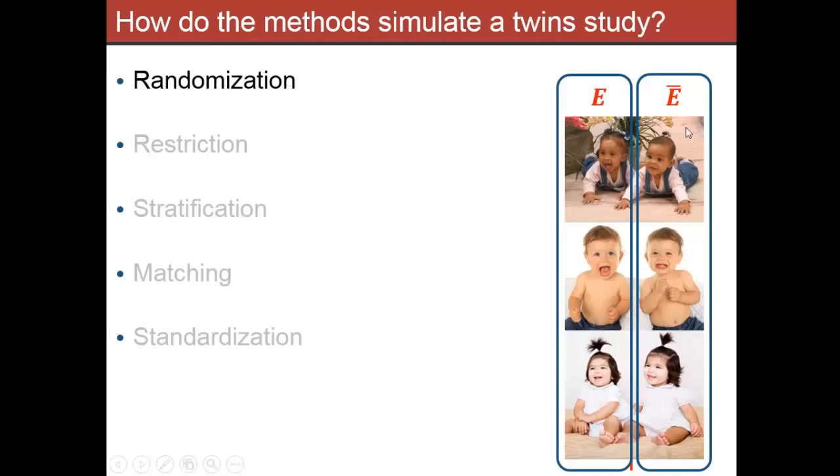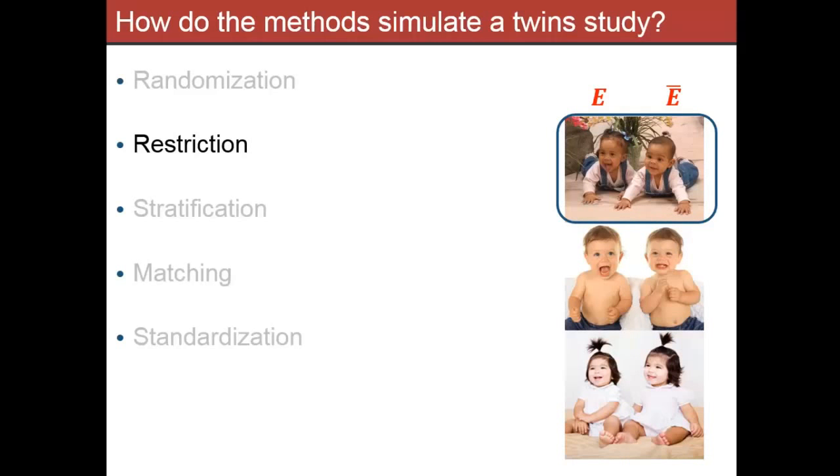And I said, well, randomization shuffles the deck, as it were, and gives you a balancing of exposed and unexposed. They have the same confounder distribution on average. It may not exactly happen, but more or less they'll be balanced. Then there was this thing called restriction that we dealt with, where you only looked at a certain type of person.